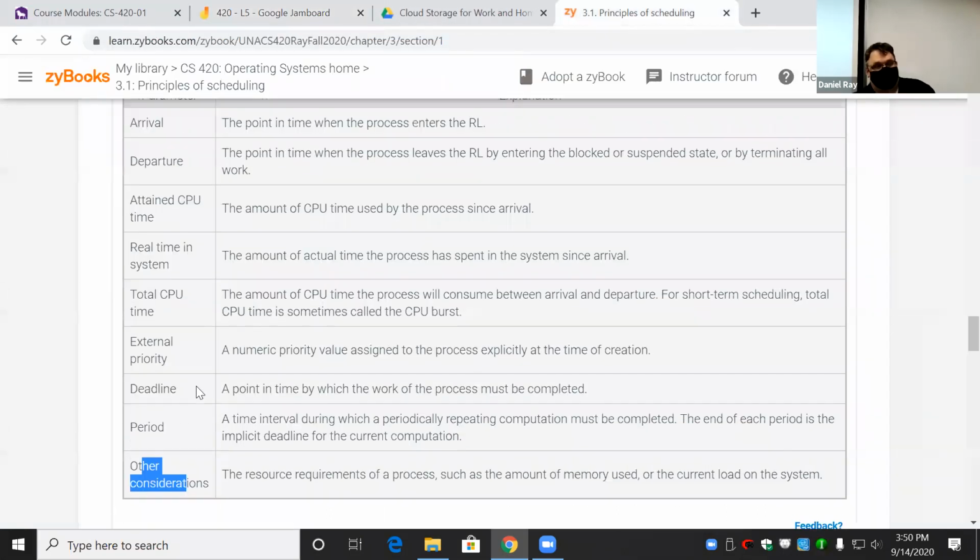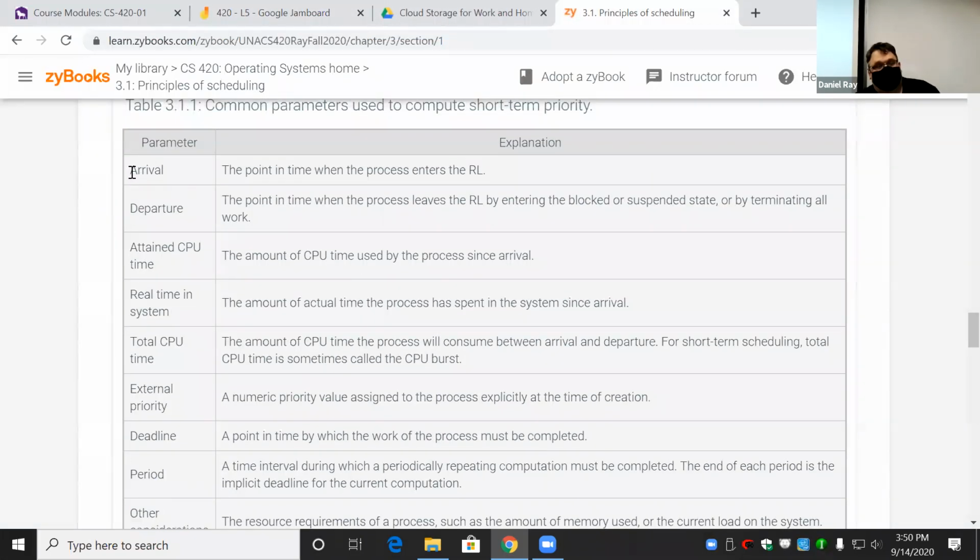Notice how these things can change. Our arrival time could get updated because the arrival could mean we entered the ready list from being blocked. The total attained CPU time is only really the attained CPU time for this current cycle when doing short-term scheduling. Total CPU time might be the overall CPU time for all of our cycles combined.